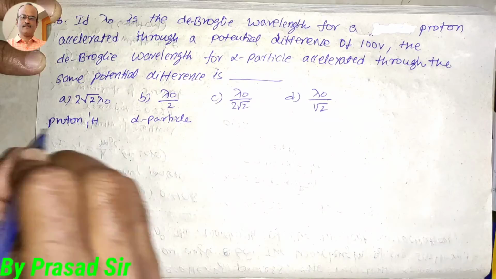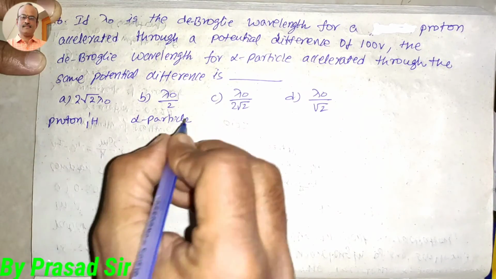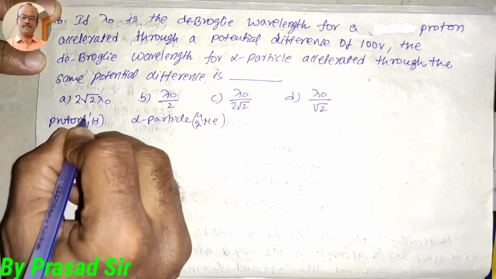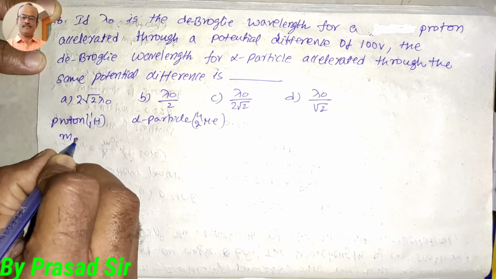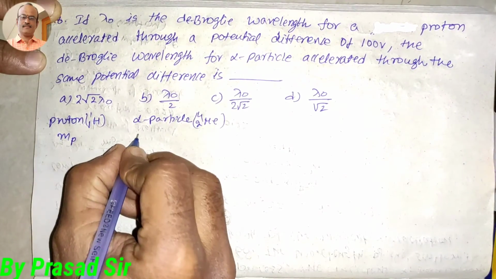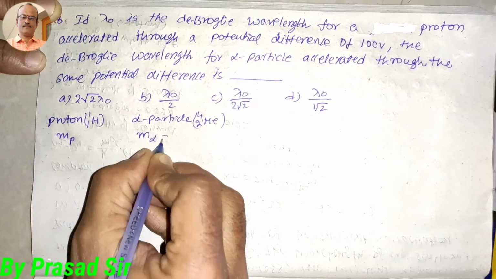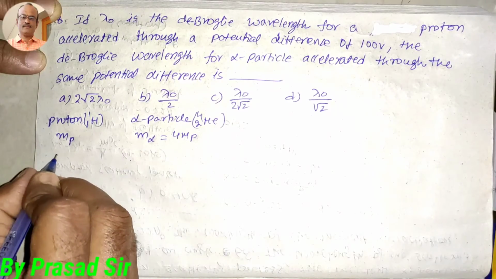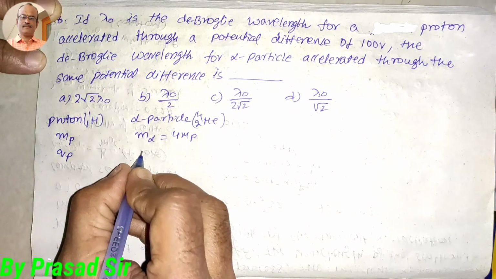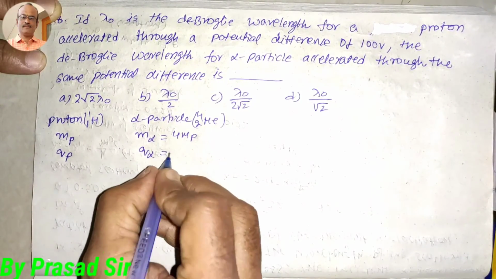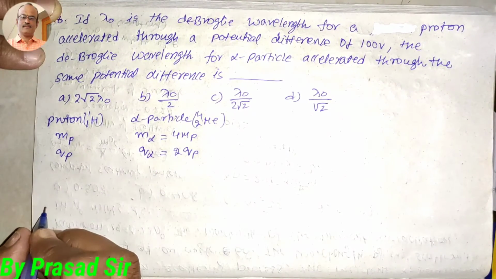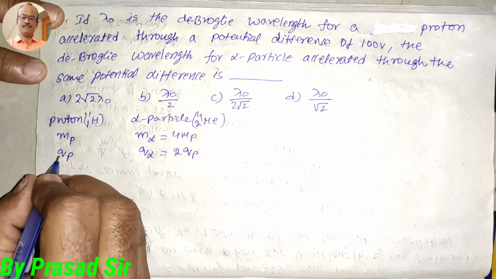Proton is nothing but hydrogen 1, that is one proton is present, but alpha particle is nothing but helium 4. But here mass of proton I will take as Mp, means mass of alpha particle we will take as 4 times mass of proton, and charge of proton Qp, means the charge of alpha particle is equal to 2 times the charge of proton. So this is the difference between proton and alpha particle.